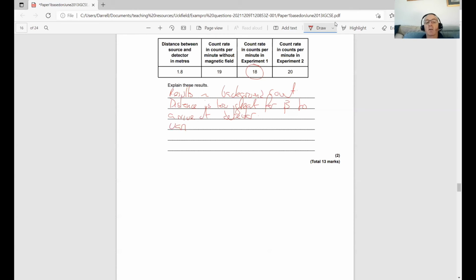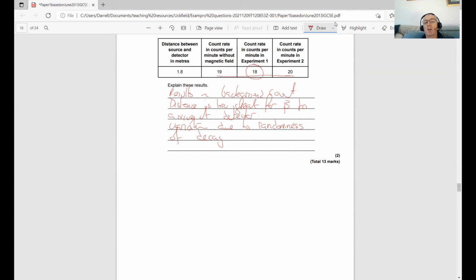The variation, because you've got 19, 18, and 20, well, that's down to the randomness of decay. This is just random variation in the background count, this 19, 18, 20.